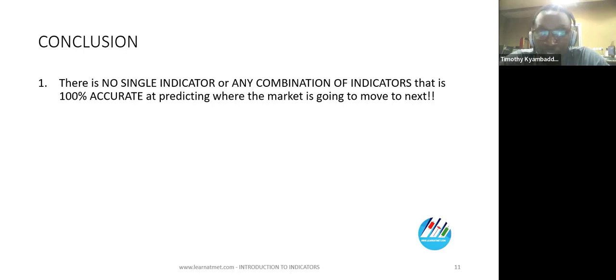So there's nothing that's 100% accurate. Yes, there are good strategies that give you an 80% return, even up to 95%, but there's none that is 100% that will hit every single time. So as you build your trading strategies, please have that at the back of your mind: my strategy might be good, yes, but it will never be accurate 100% of the time.